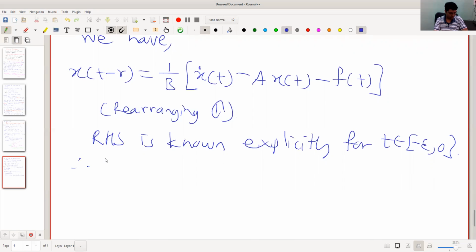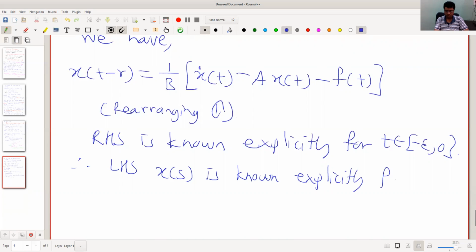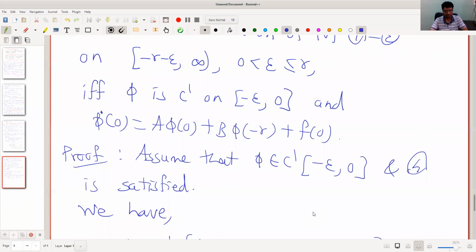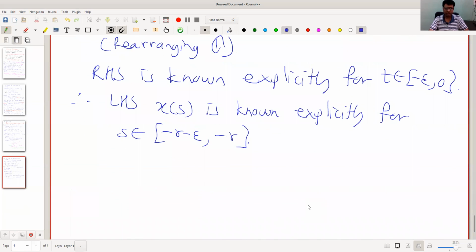Therefore, the LHS, left hand side, x of s is known explicitly for s belongs to minus r minus epsilon to minus r. Okay, so this proves one part. That means we can extend solution x to the left hand side.